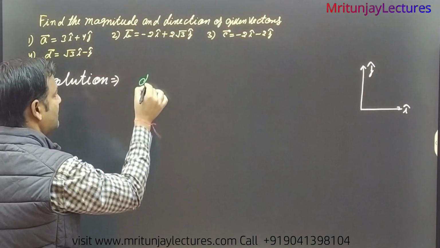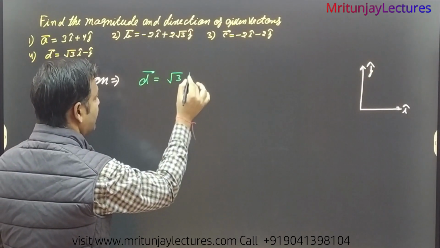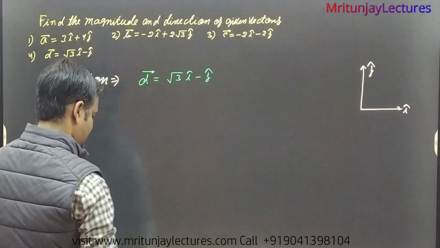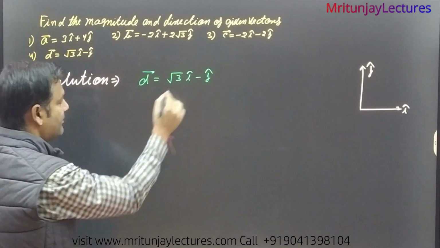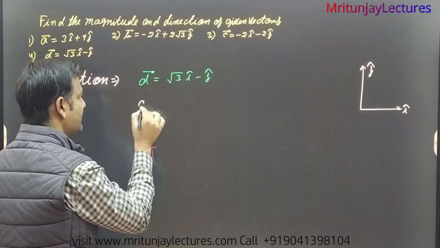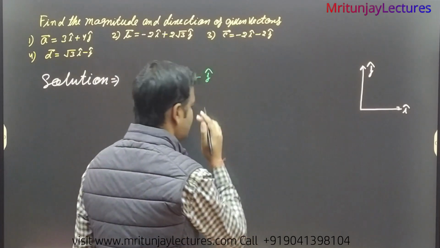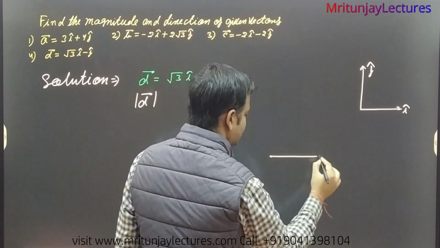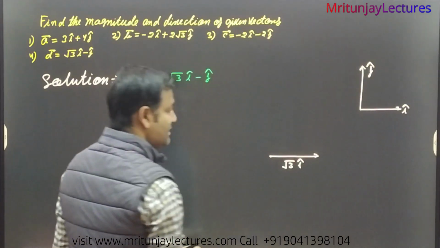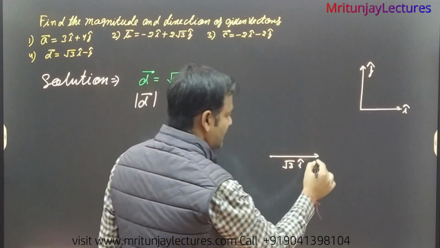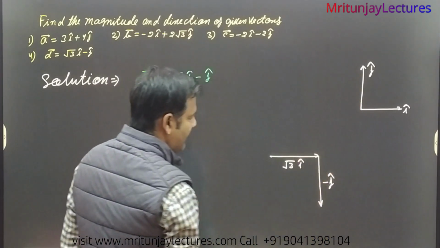Now question number 4, the part root 3 i cap minus j cap. How can we determine that value? What about the magnitude of d? First of all, draw root 3 i cap. Then minus j cap is always in the direction opposite to j.